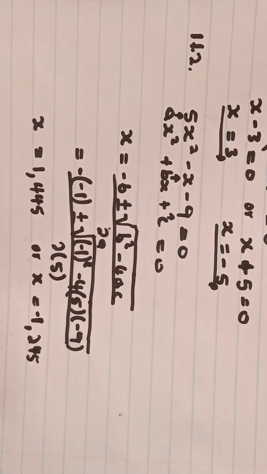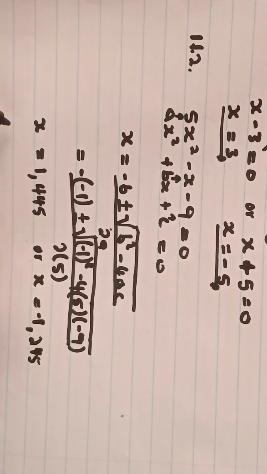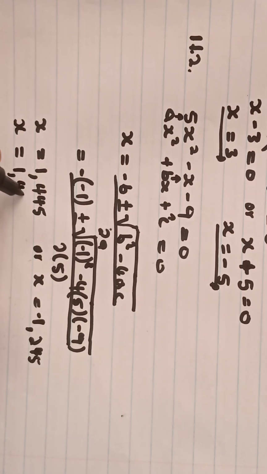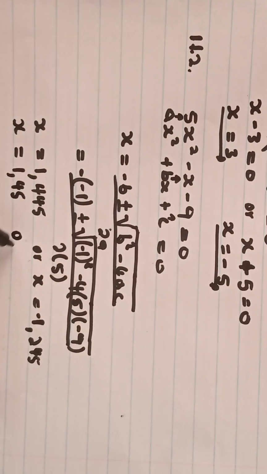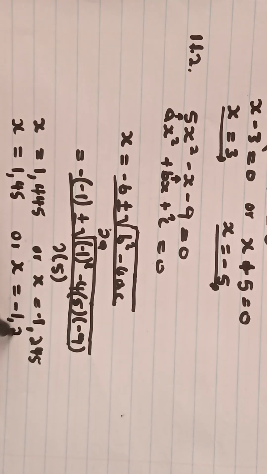You see our little note there, it says leave your answer correct to 2 decimal places. So when we leave our answer correct to 2 decimal places, x is equal to 1.45, or x is equal to negative 1.25.